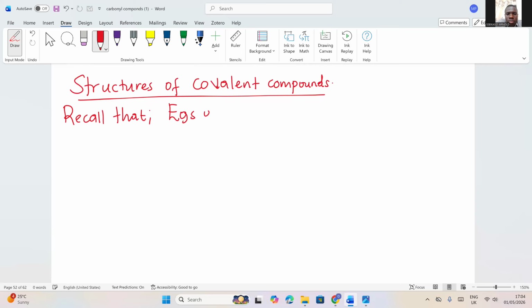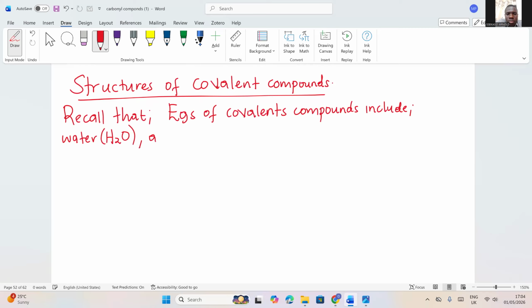Now recall examples of covalent compounds. They include what? Water. Water is a covalent compound. Non-metal atoms. Therefore, H2O is covalent.